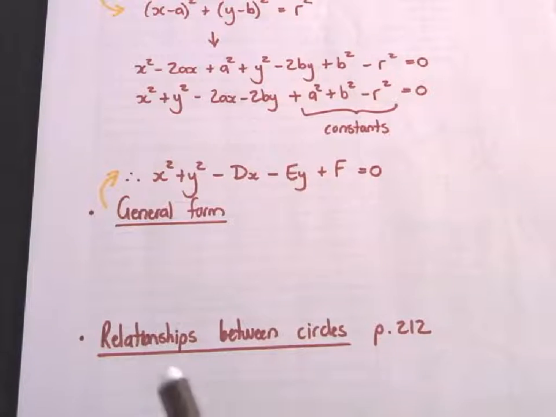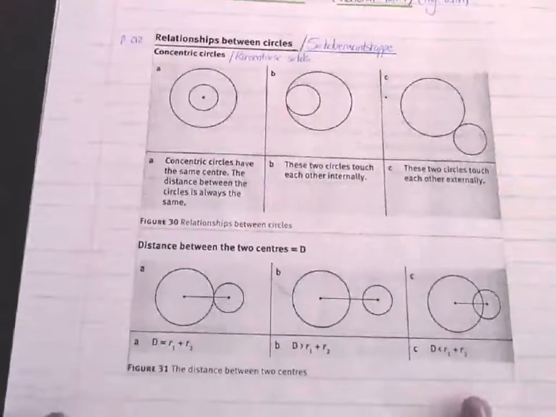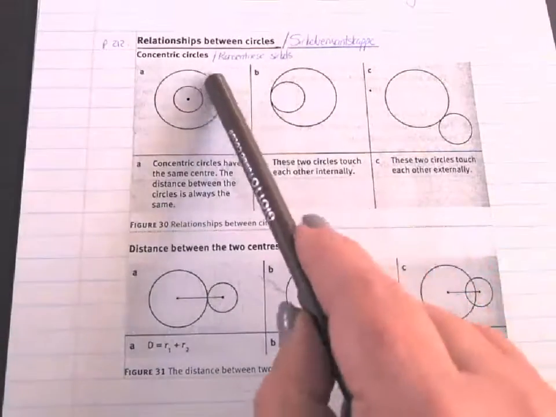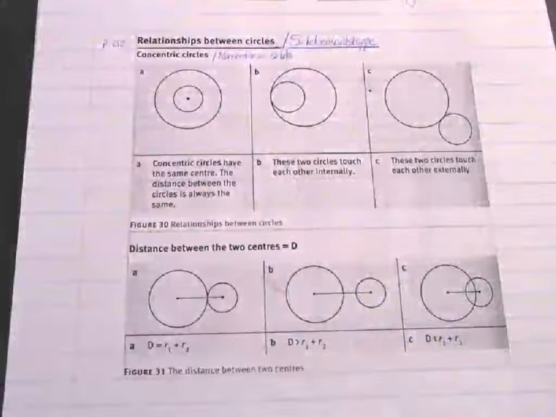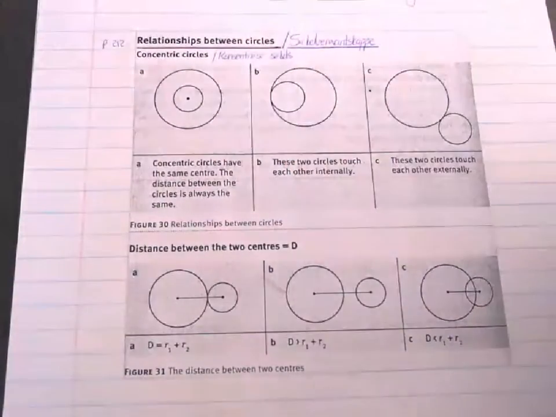I'm quickly going to show you what this is. In your textbook, now don't draw this now, you can do it at home. Concentric circles mean you have two circles but they have the same center. Then they are concentric circles.